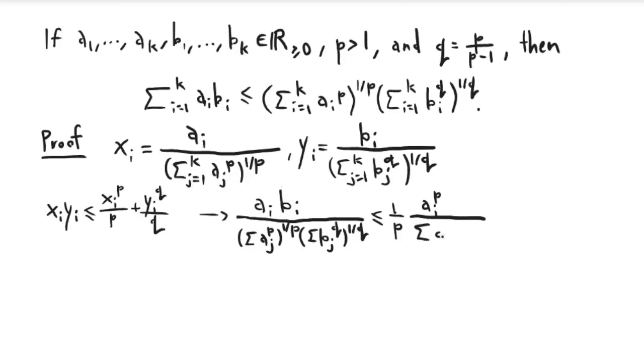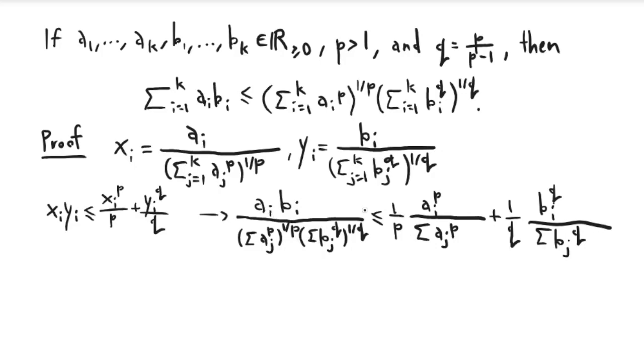So just the sum of a_j to the p, because we raise to the p power. And then plus 1 over q times b_i to the q divided by the sum of b_j to the q. Great.